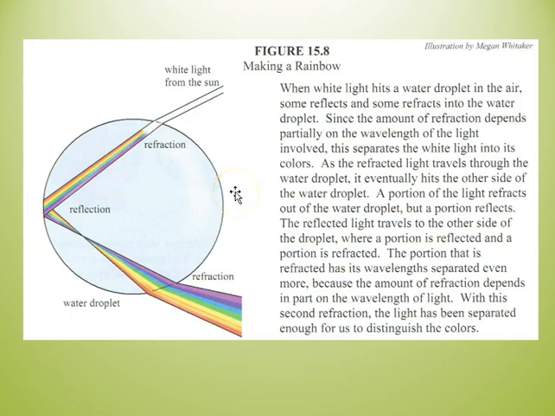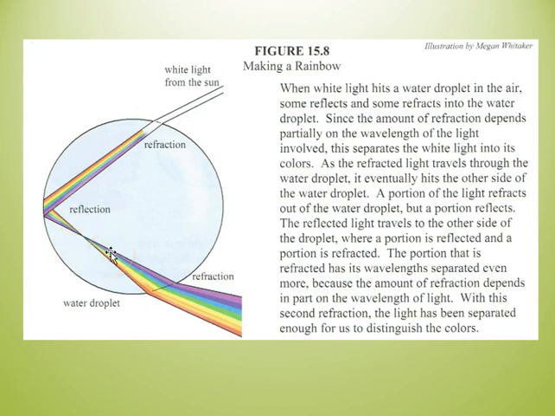As the refracted light travels through the water droplet, as it continues down, it eventually hits the other side of the water droplet. And at this point, you could see it switch. A portion of the light refracts out of the water droplet, so it actually comes out, but a portion reflects also. And here's the reflection in here.